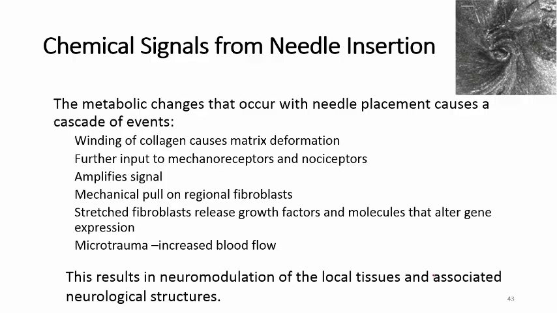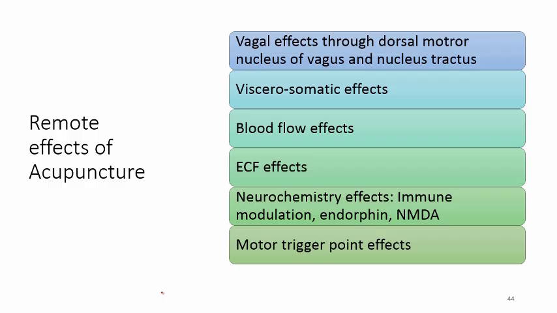You know, when we have winding, and this is a little electron micrograph of what happens when you stick an acupuncture needle in. And we'll have further input into these mechanoreceptors, and it will amplify our signal. And of course, we also have the stretch fibroblasts and the microtrauma. But in essence, all of this results in neuromodulation of the local tissues and associated neurological structures.